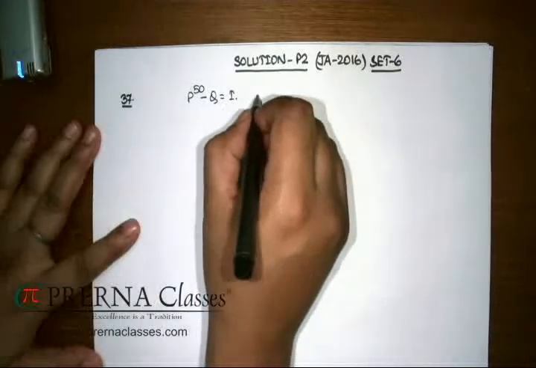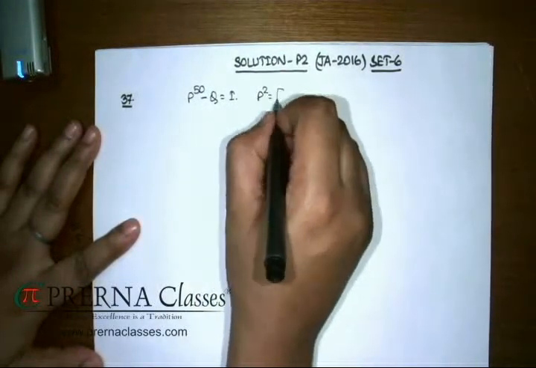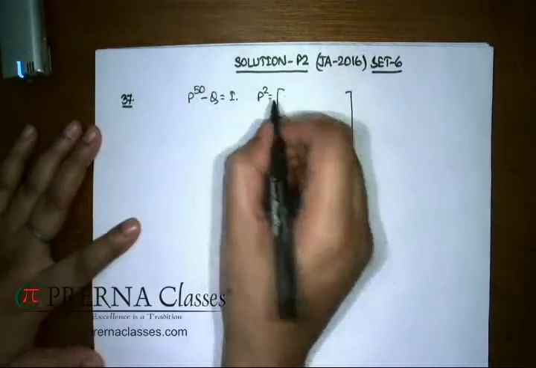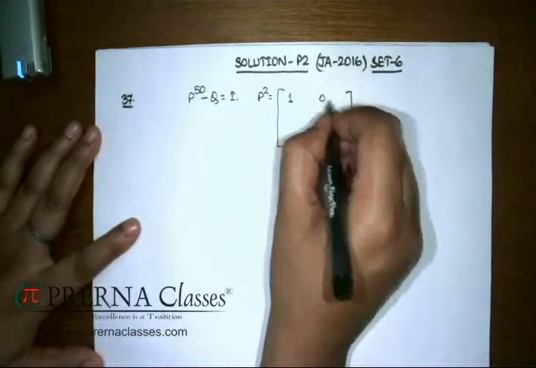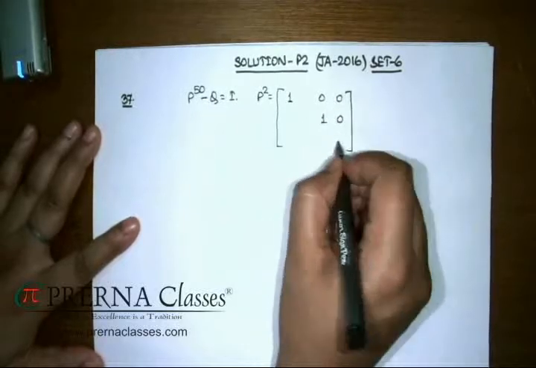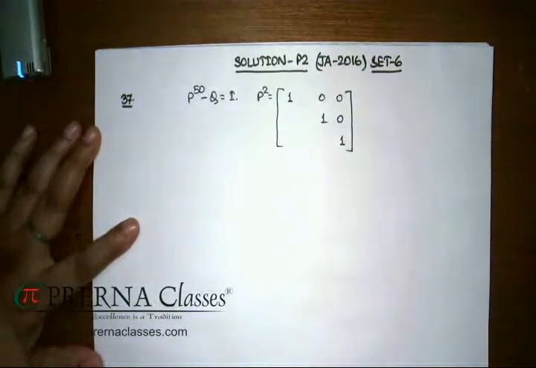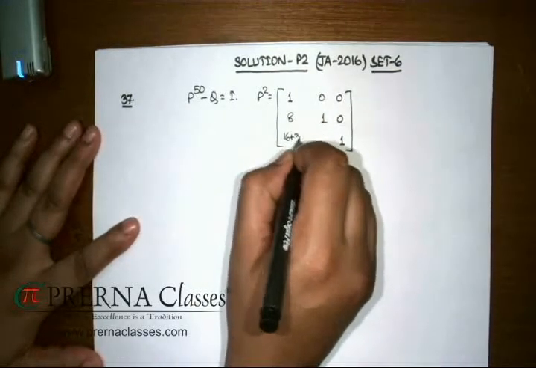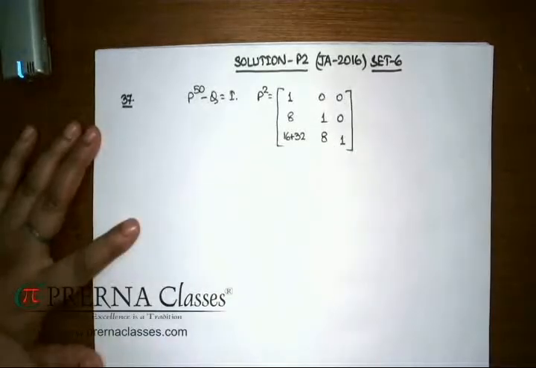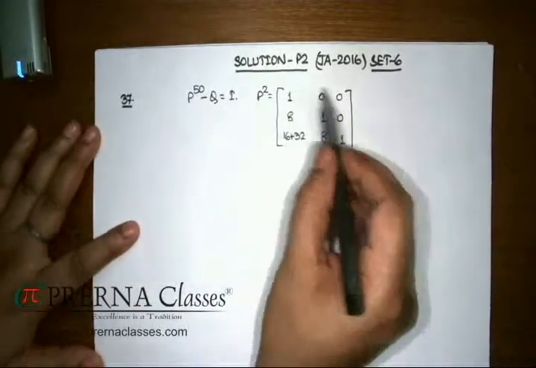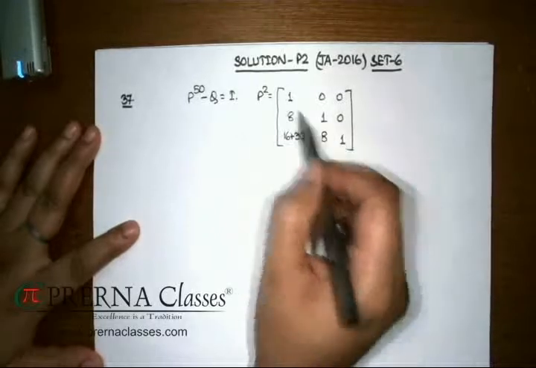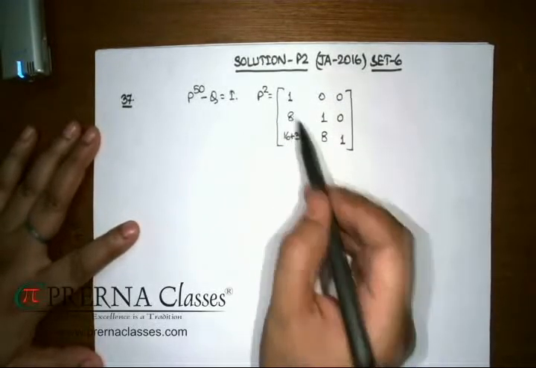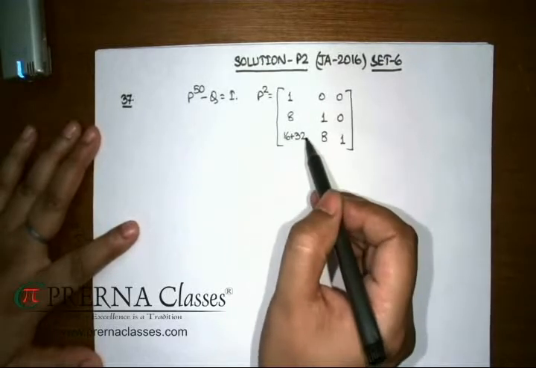Once you figure out the value of P square based on the value given, you will find that these elements are not going to change, but these elements you will have as this. In case of P cube, you will find again these 6 elements are going to be the same, but these elements here, in place of 8 you will have 12, and here in place of 16 plus 32 you will have 16 plus 32 plus 48.